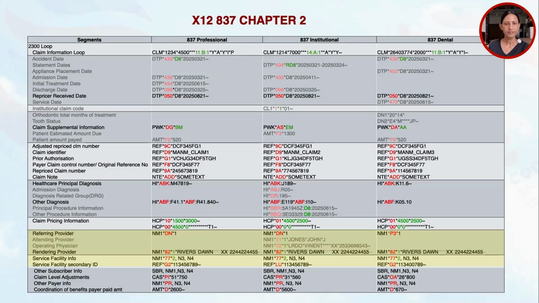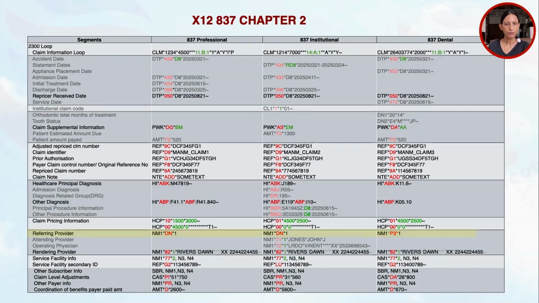Then the providers and facilities that are associated with the treatment provided as part of this claim, now we'll talk about those. The various providers involved may include a referring provider, which can be either a primary care physician or any other provider. Identifier code P3 is used for primary care physician, and DN for any other referring physician.